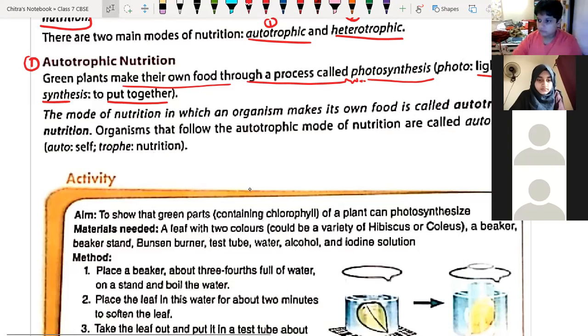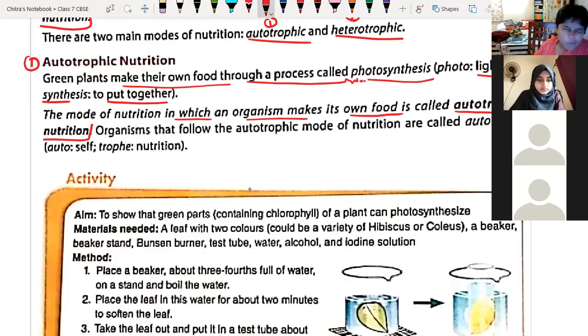The mode of nutrition in which an organism makes its own food is called autotrophic nutrition. Those plants and blue-green algae prepare their own food. That's why they perform autotrophic nutrition, meaning they do not depend on other organisms for their food.